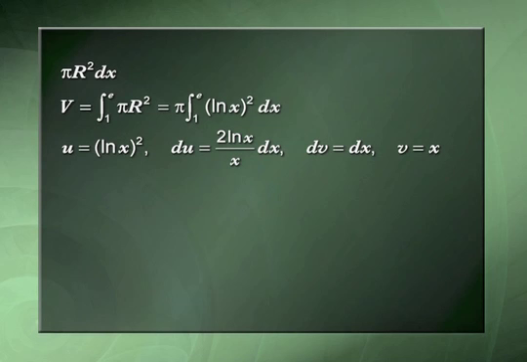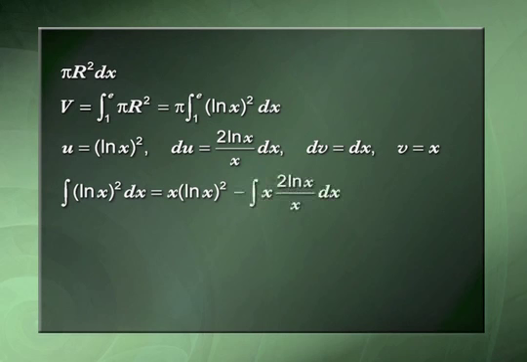So now we do integration by parts. The integral equals u times v, u is (log x) squared, and v is x, minus the integral of v du. V is x, and du is 2 log x over x. Good. Kind of complicated. This kind of simplifies a little bit.